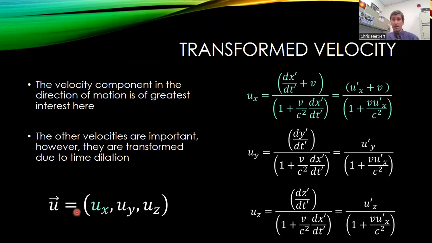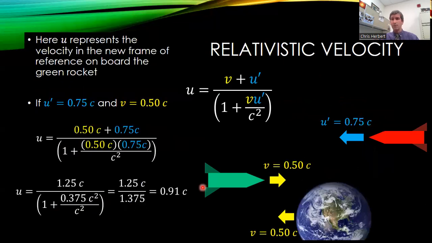So if I wanted the speed of the rocket in terms of how it's traveling in my frame of reference with respect to me, I would transform the X, the Y, and the Z component. Then I take the magnitude of that vector, ux squared plus uy squared plus uz squared, square root the whole thing, and that would give me my speed. But again, in this case, we tried to keep it simple, so we're only talking about X components. Everything's moving in the X direction.